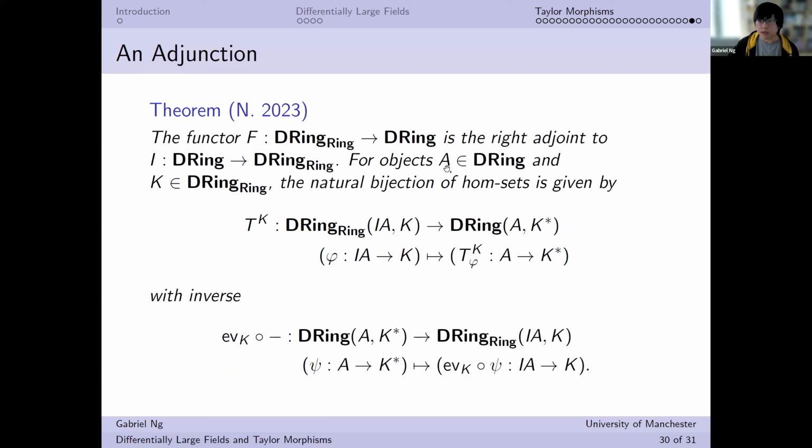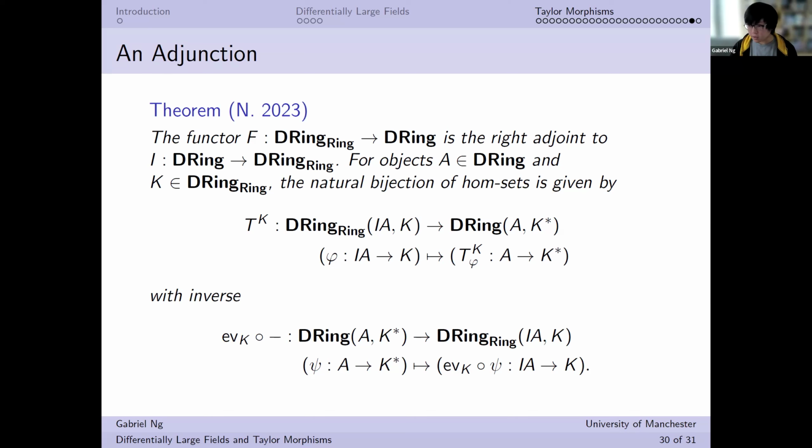And if we take a differential ring A and a differential ring K in this category, the natural bijection of Hom-sets is given precisely by this universal Taylor morphism T_K, and the inverse is given by composition with its evaluation. So these are precisely the natural bijections of Hom-sets.